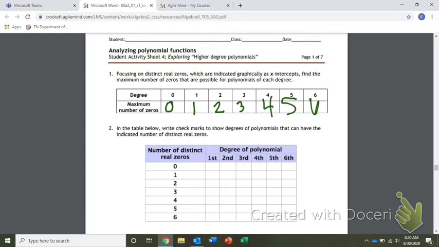So on number 2, it gives us degrees 1 to 6.